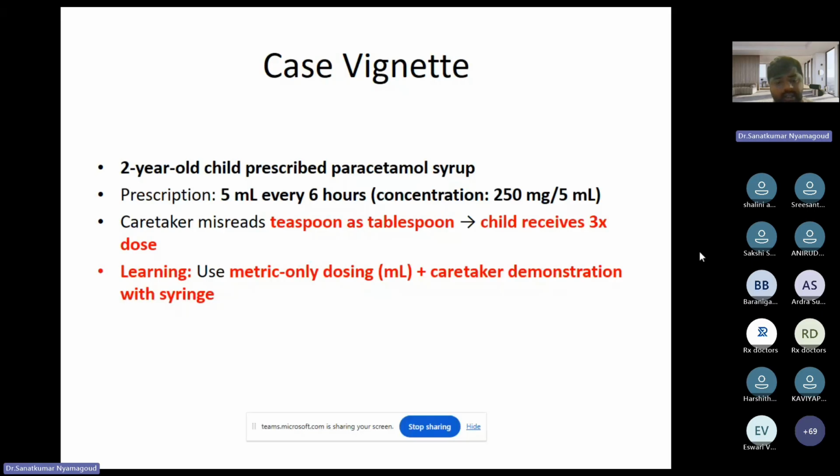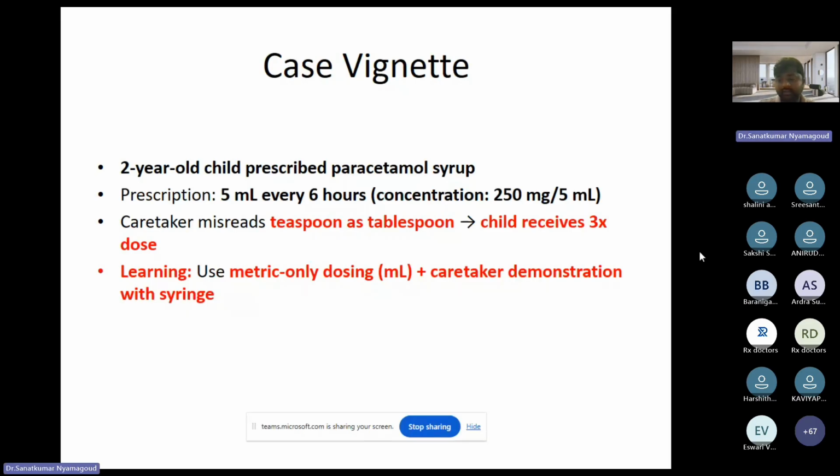So what is the learning objective of this case discussion? The learning objective is that we should use proper metrics which are available in pediatrics. When it comes to metric dosing, it is completely in mLs. And we as clinical pharmacists should demonstrate to the patient caretakers how to measure the exact quantity of the dose.